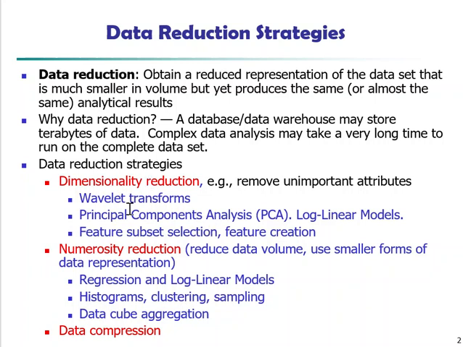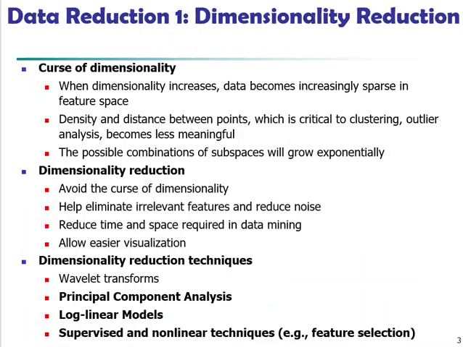Before we dive into those techniques, we really want a very clear understanding of why high dimensionality is a problem. I mentioned the term curse of dimensionality a couple of times. High dimensionality is a curse because this problem impacts almost all algorithms. When the dimensionality increases, data become increasingly sparse in the feature space.